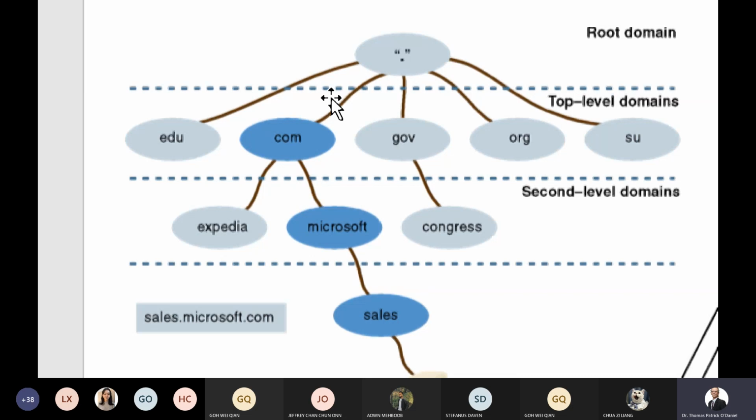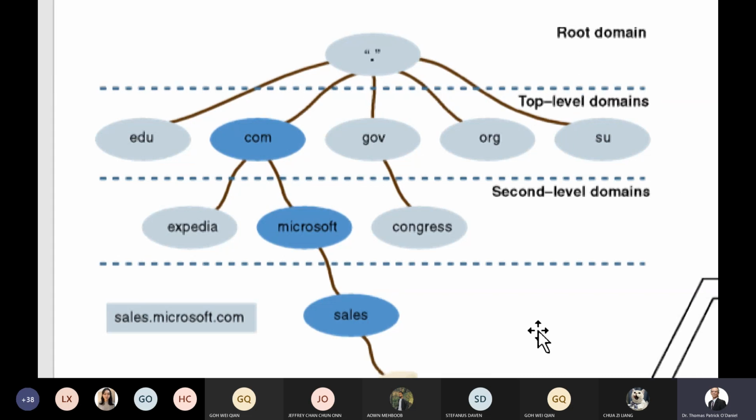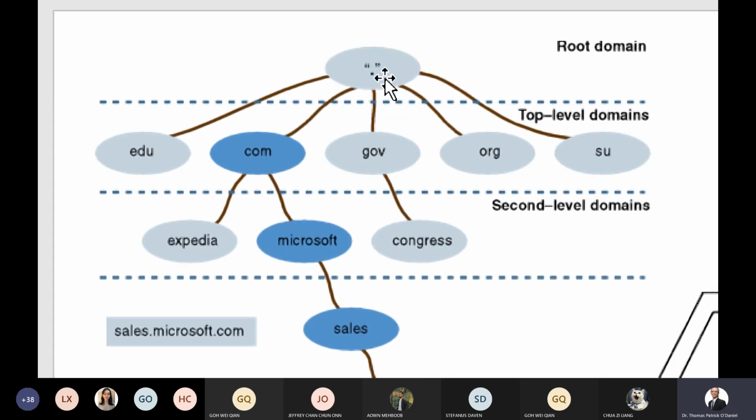Now, way up at the root domain is something called the dot. This is maintained by the Internet Corporation for Assigned Names and Numbers, ICANN. And they're in charge of deciding who gets to be in charge of all of these top-level domains.